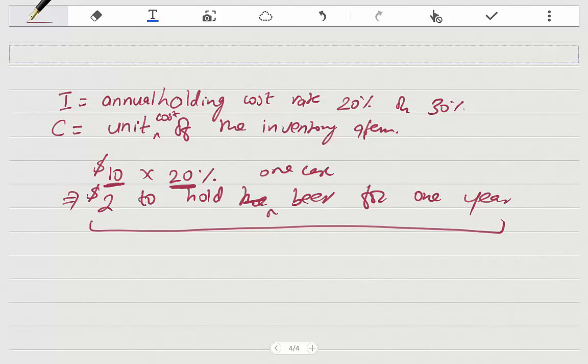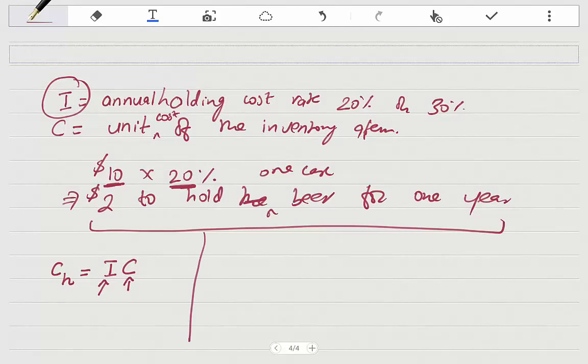Okay, so that's the reason we have to do this calculation, because holding cost is always expressed as this I, that is the annual holding cost rate. So we have to define CH, that is the cost of holding, which we can call IC, where I is the rate and C is the per unit cost of the product. Okay, all right, that's how holding cost is.